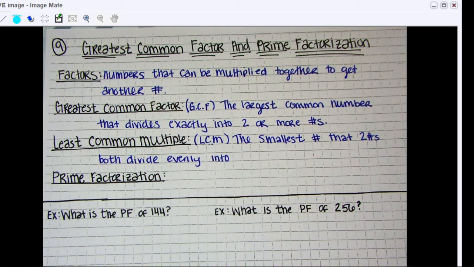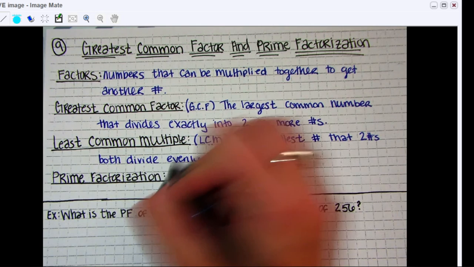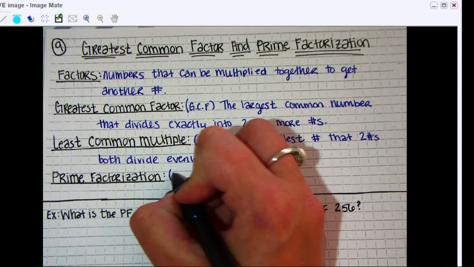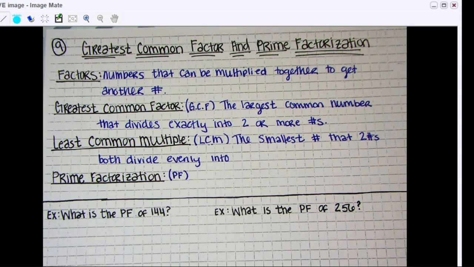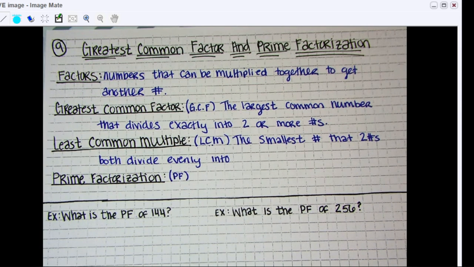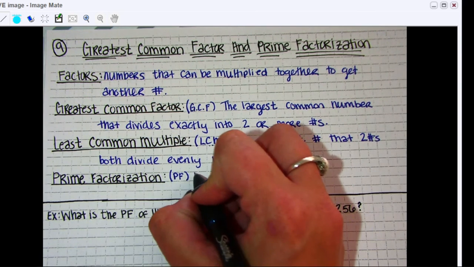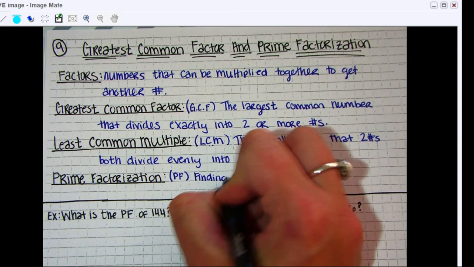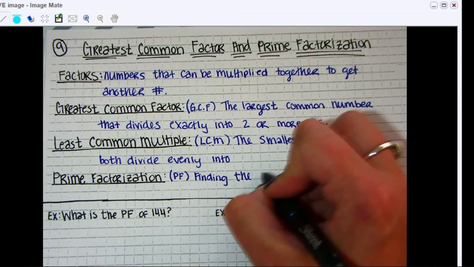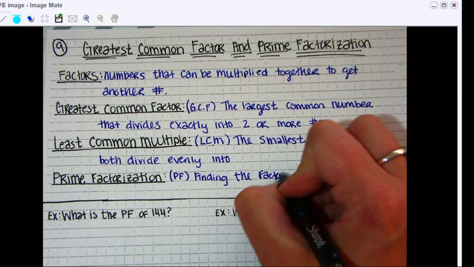All right, prime factorization. I'm going to refer to this as PF, just because writing prime factorization over and over and over again is not fun. So if you see PF, like for example down at the bottom, that just means prime factorization. Prime factorization is finding the factors. On the greatest common factor, what's the last part?